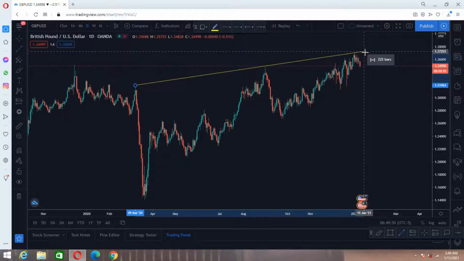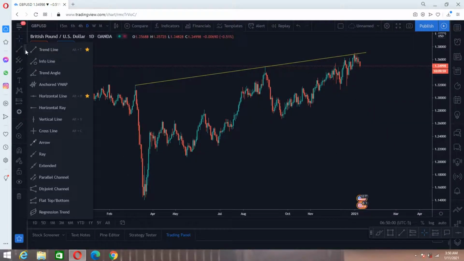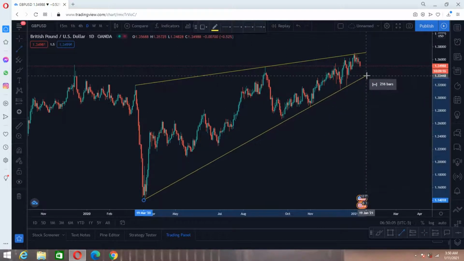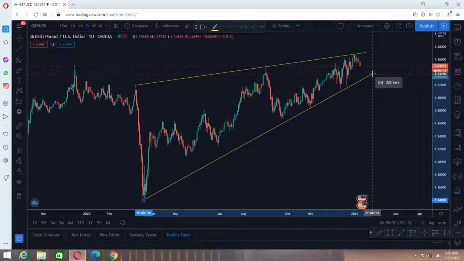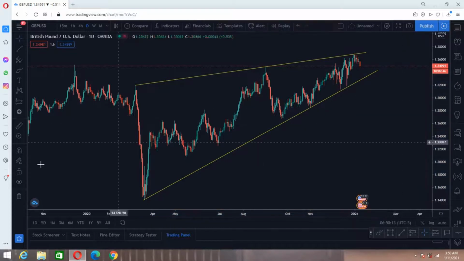Let me just show you what I'm talking about. As you can see, on the structure, our first, our second, third touch, then we know now that we're going to the downside. As you saw on the monthly time frame, we saw that it broke, but we'll see what it does when it touches here.